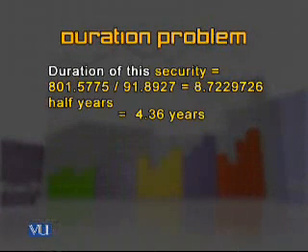So, the effect of maturity is different. In 5 years, with 10 semi-annual payments, you'll be able to get a figure which is 801.5757/91.8927, which is equal to 8.7229 half-years. Per 4.36 years, that's what you'll get.